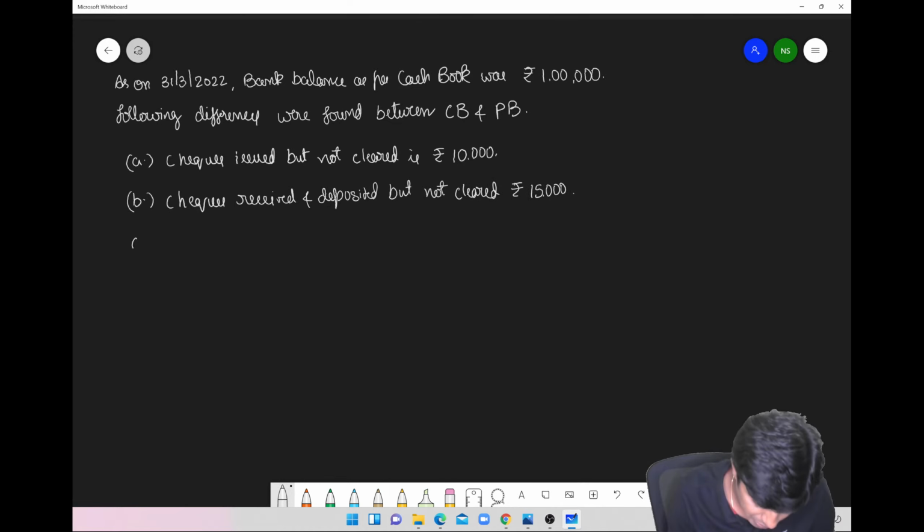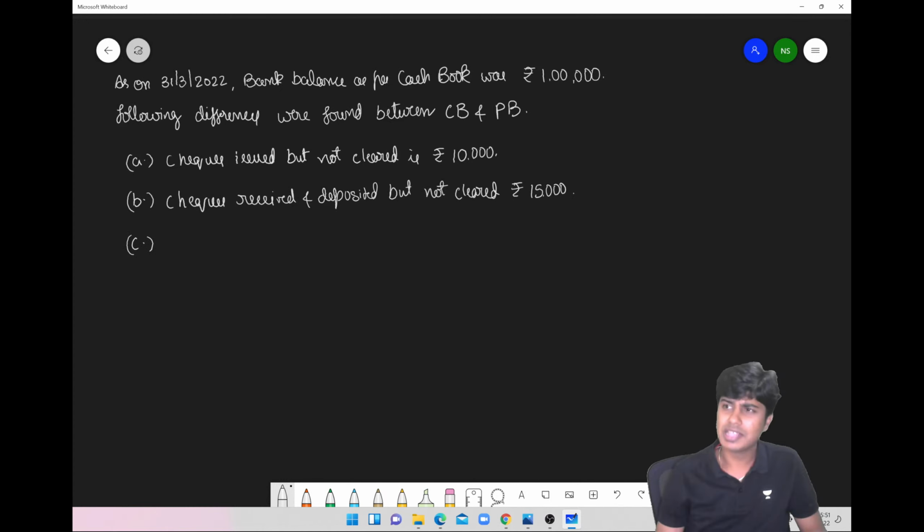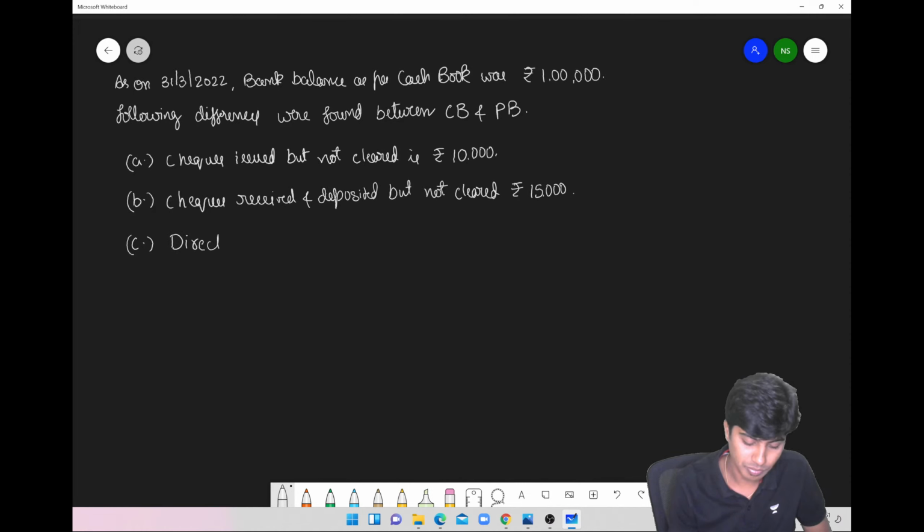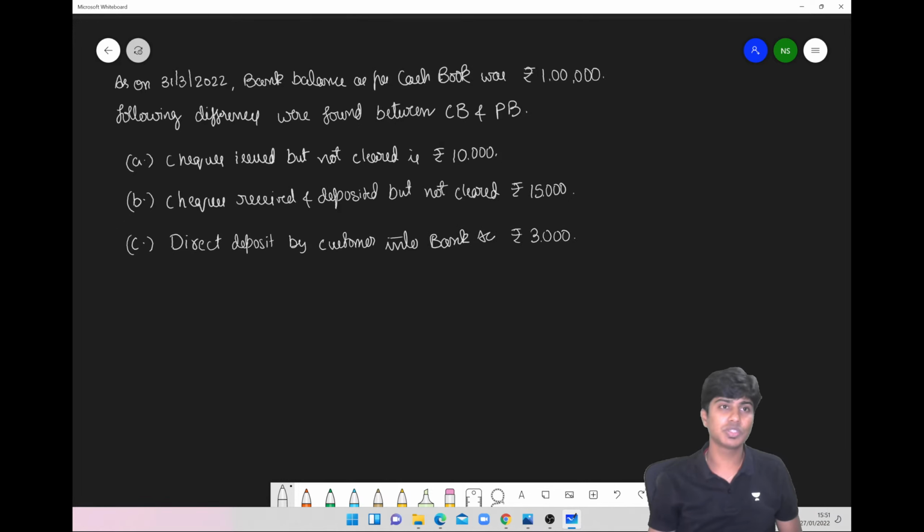Then the third adjustment: direct deposit by customer to bank account, rupees 3,000. Rupees 3,000 was directly deposited by our customer into our bank account and we are not even aware of the same.